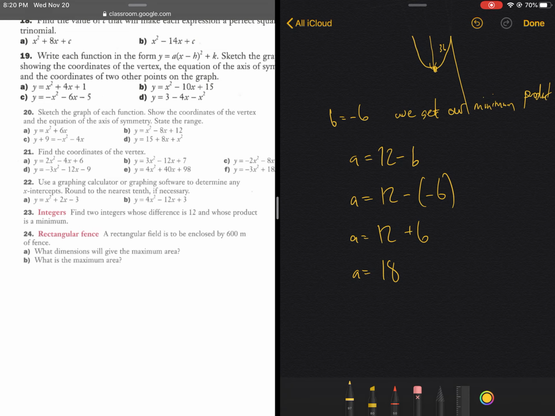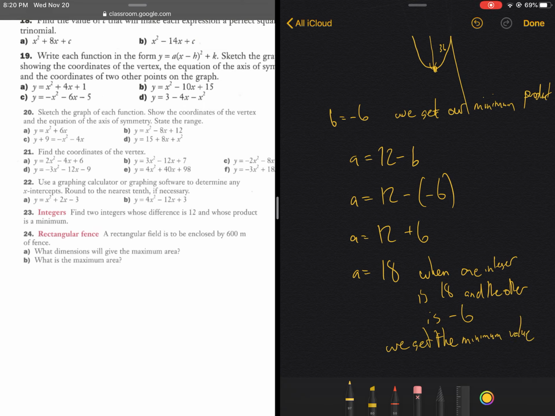So that's our answer. When one integer is 18 and the other is minus 6, we get the minimum value.